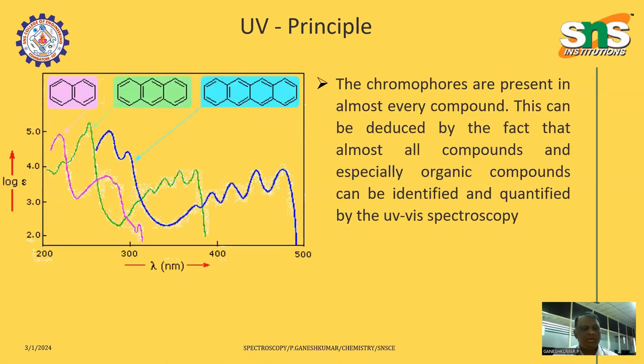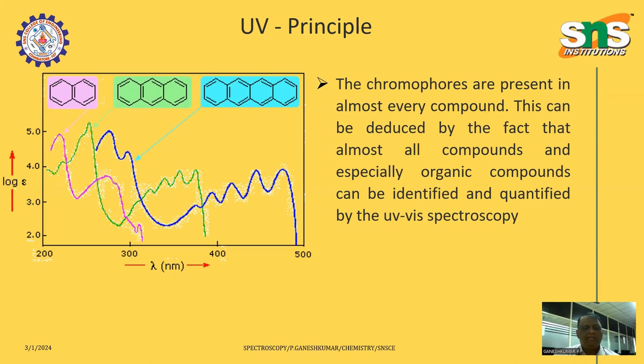A chromophore is a conjugated double bond and single bond system, which has delocalized pi electrons due to the formation of pi bonds. The first compound you see, naphthalene: 1, 2, 3, 4, 5. So there are 5 double bonds, so the conjugation chromophore here is 5.